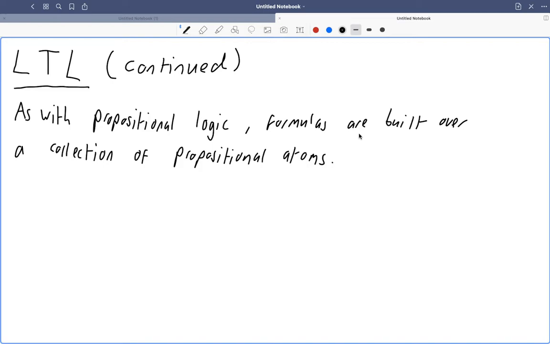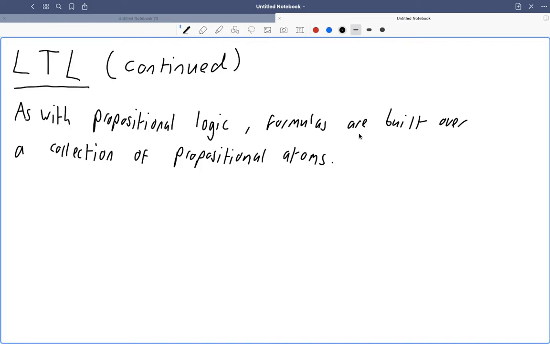These propositional atoms express basic properties. For example, in the mutual exclusion example we considered above, N1 saying that process 1 is non-critical, T1 saying process 1 is trying, and C1 saying that process 1 is critical, those were all propositional atoms, as were N2, T2, and C2.